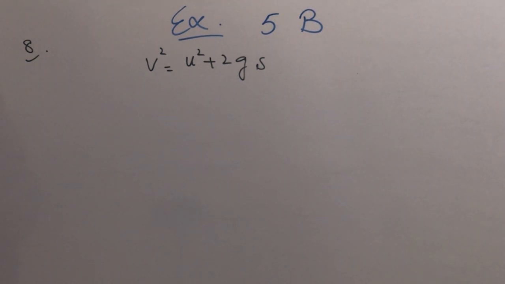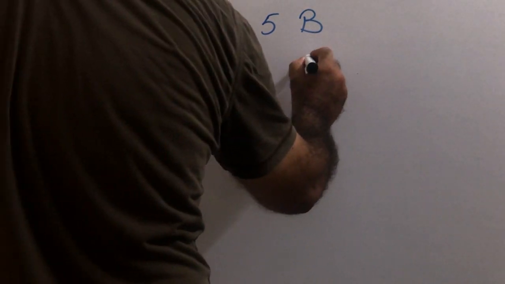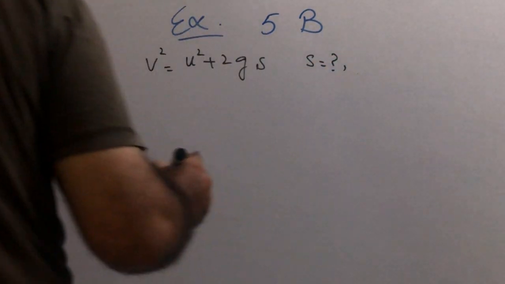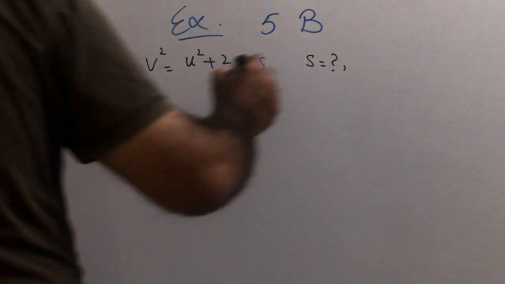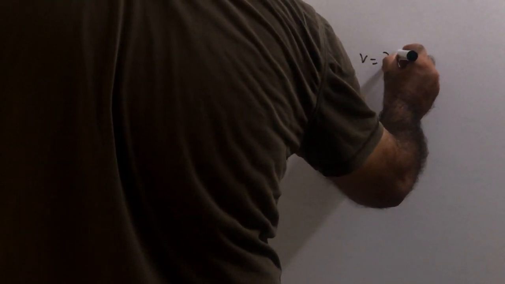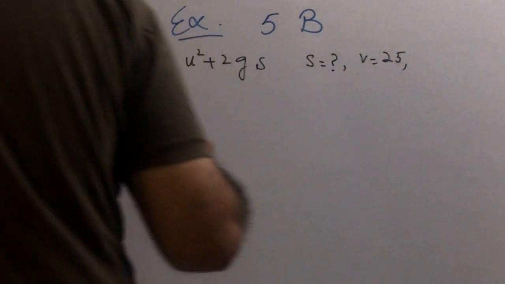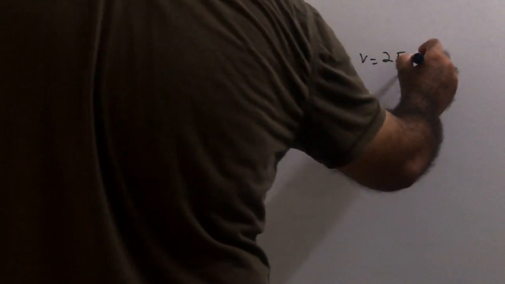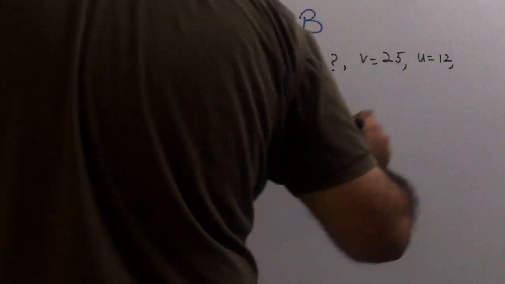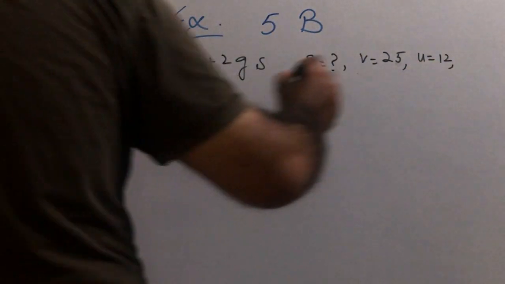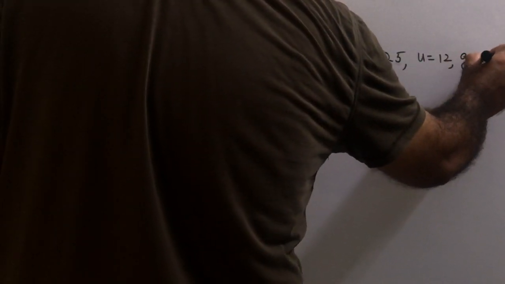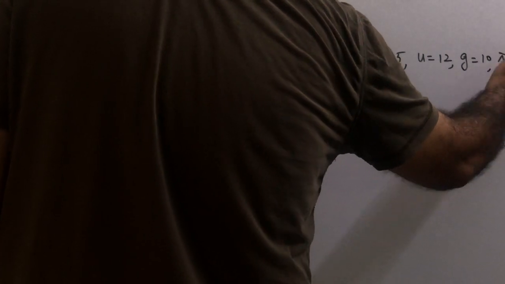Find the value of s. We need to find the value of this s when v is equal to 25 and u is equal to 12, then g is equal to 10 and pi, we know there is no pi here.